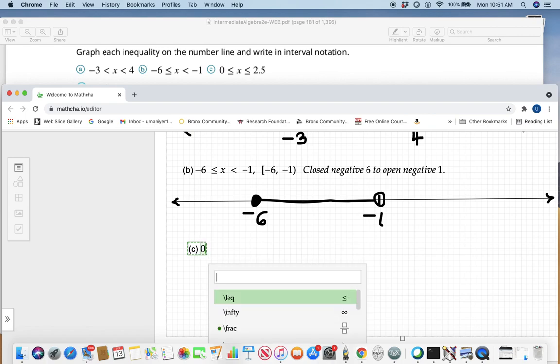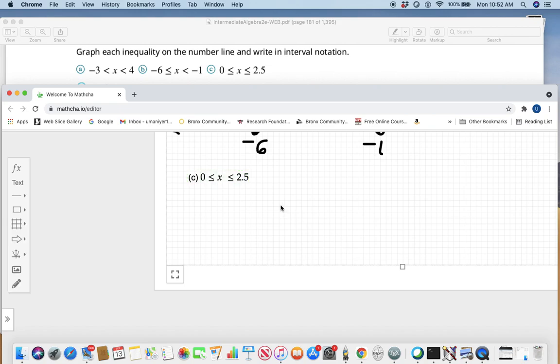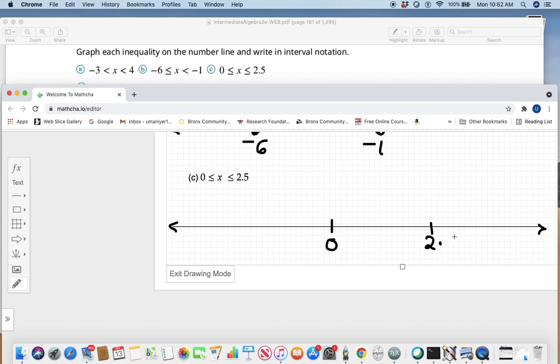Zero less than or equal to x less than or equal to 2.5. So let's start with a number line. Zero, and 2.5 is to the right. So notice for 0, equal is allowed, so 0 is included, so the point is filled in.